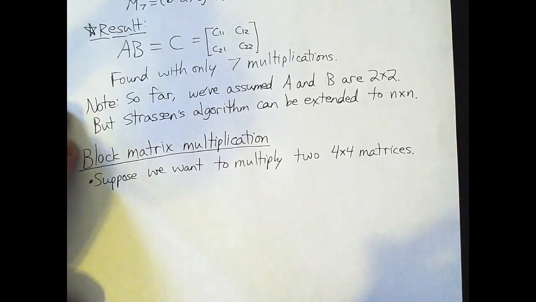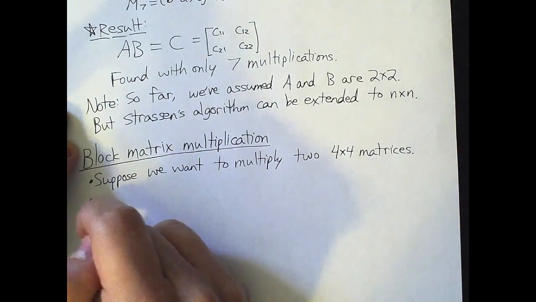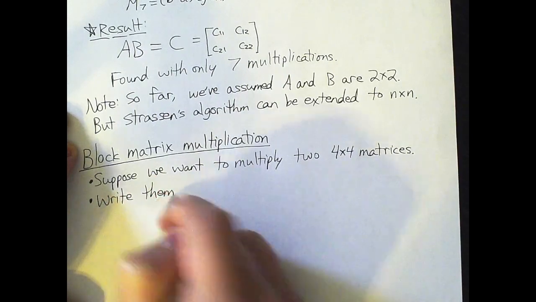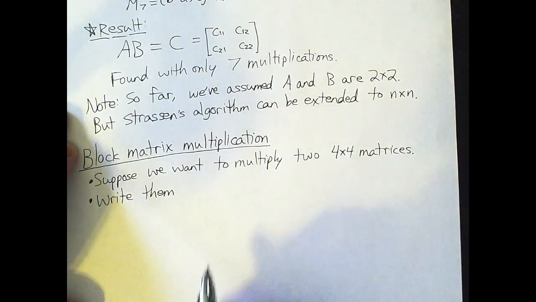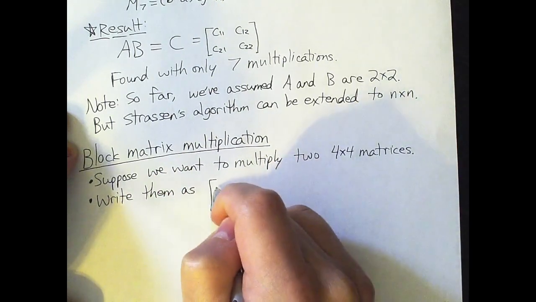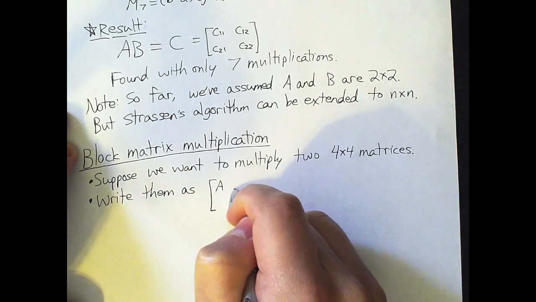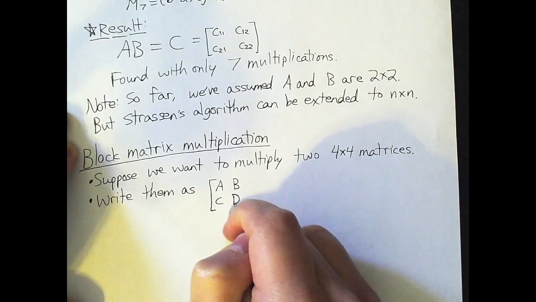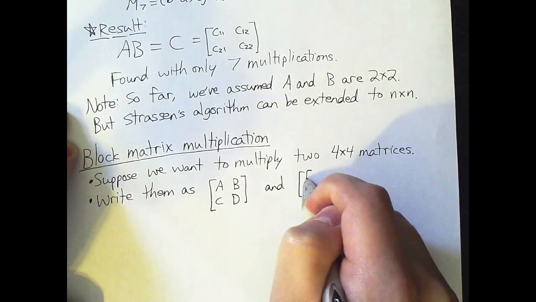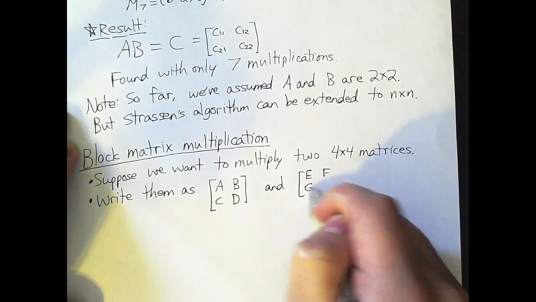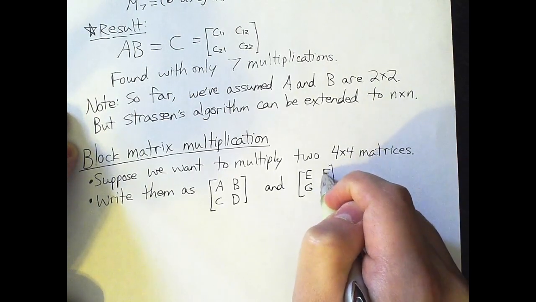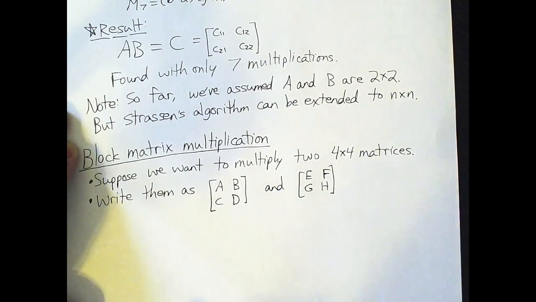The idea behind block matrix multiplication is that we can write the 4 by 4 matrices as A, B, C, D. These are uppercase letters, and E, F, G, H. You know, we usually use lowercase letters for scalars and uppercase letters for matrices.